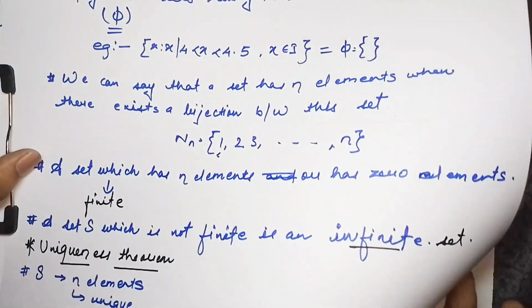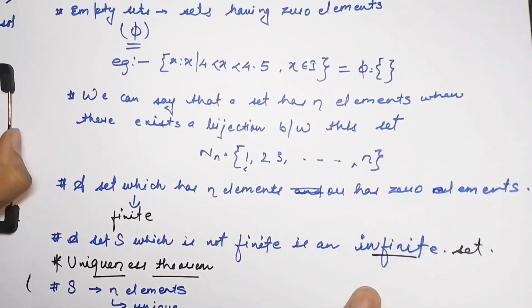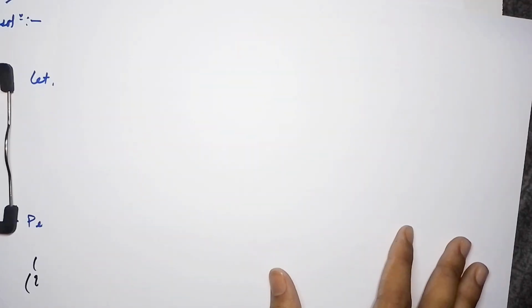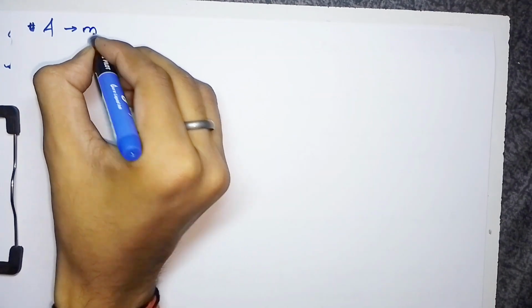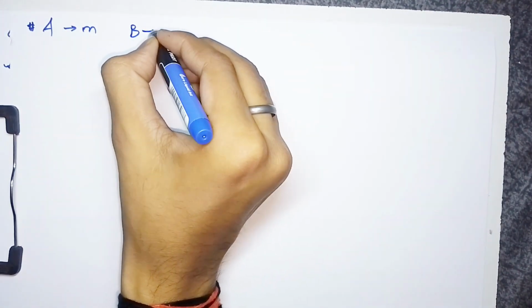Now there are some more theorems which we get from the understanding of the uniqueness theorem, so let us understand them. So let's start. The very first theorem that we get after understanding the uniqueness theorem is that suppose A is a set with m elements, and suppose there is another set B that has n elements.